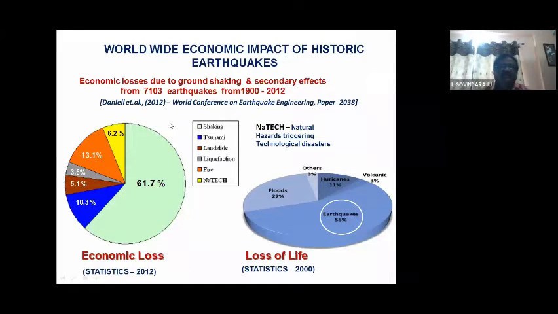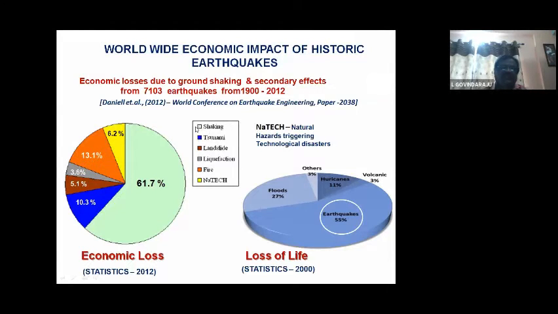He collated the data for the economic losses and the loss of life during the period 1900 to 2012. Afterwards, we don't have that. Have a look at this pie chart. About 61%, nearly 62%, of the damages or economic losses are mainly due to ground shaking during an earthquake.